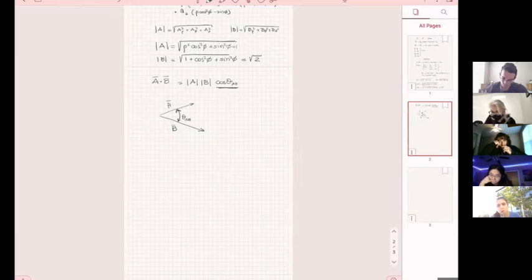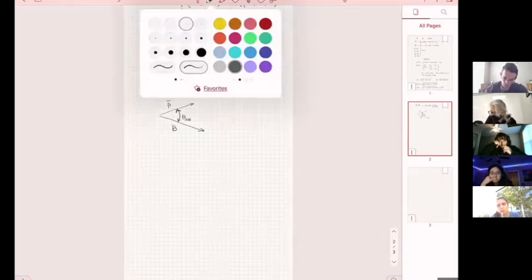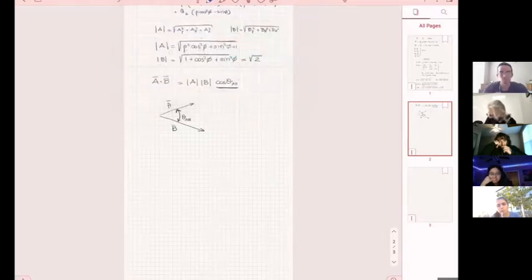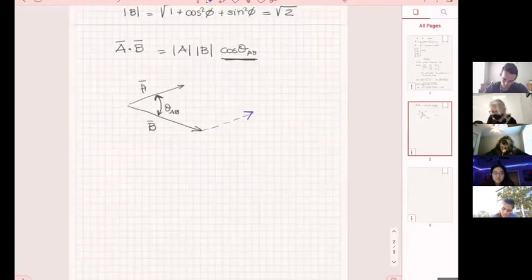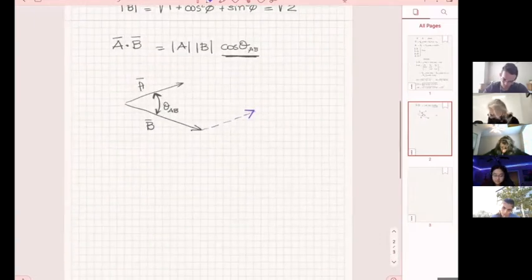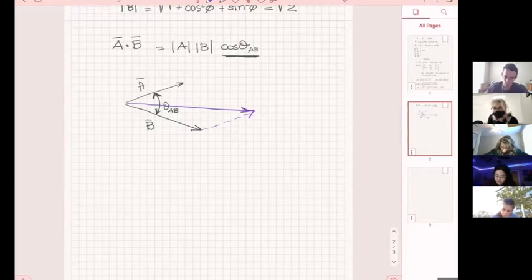Yes. How do I find the sum here? I bring the one vector here. I transfer A to this point, and then what is the sum? Okay, what is the difference? Who will tell me?